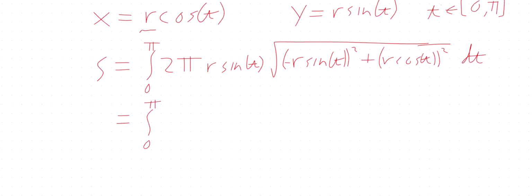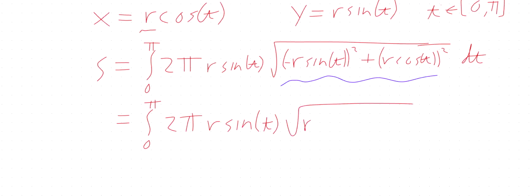So cleaning things up a bit, just like what we did before, under the square root, it's going to be an r squared sine squared plus an r squared cosine squared.